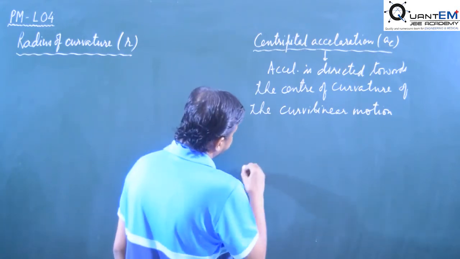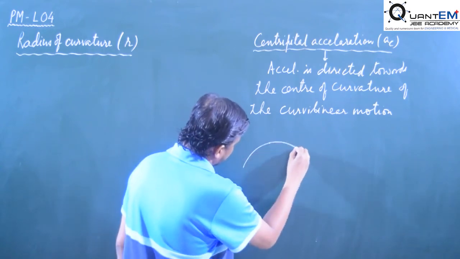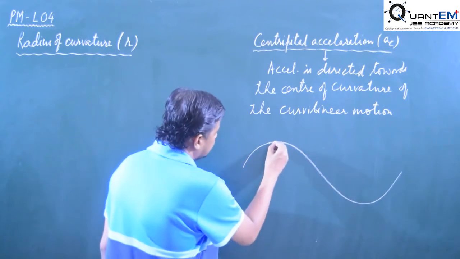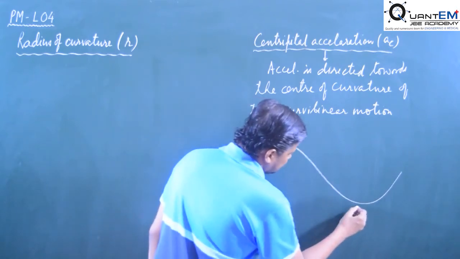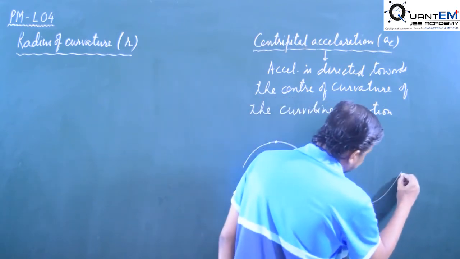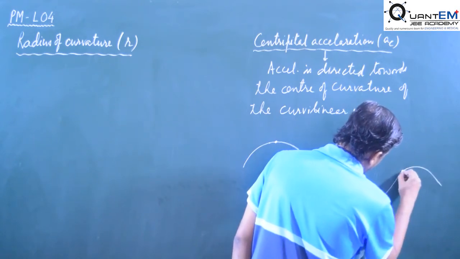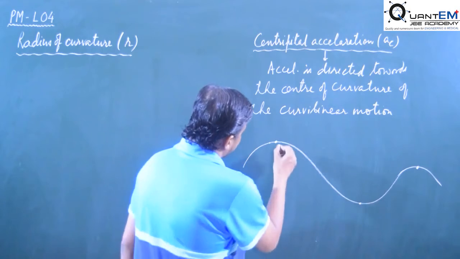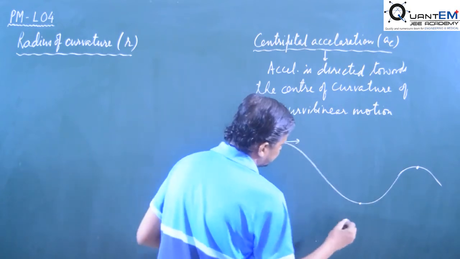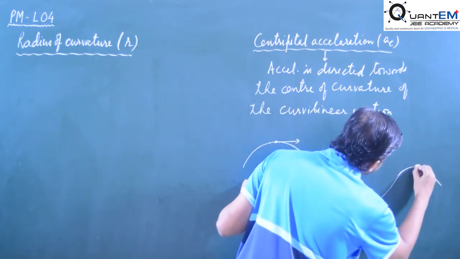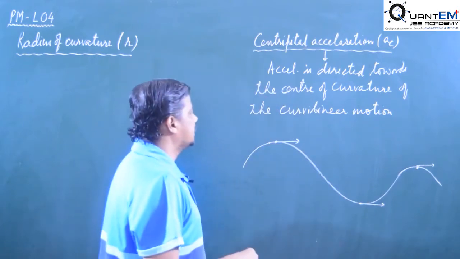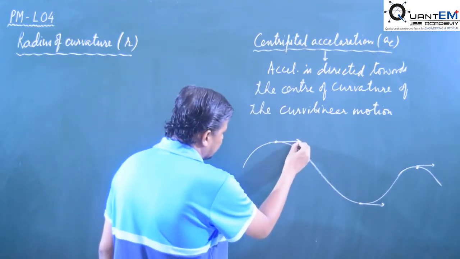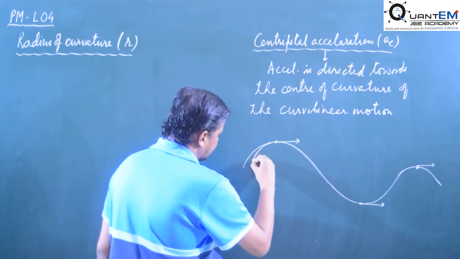Suppose the particle is tracing this path. We consider some points on this curve. Using the tangent, we draw a circle here.